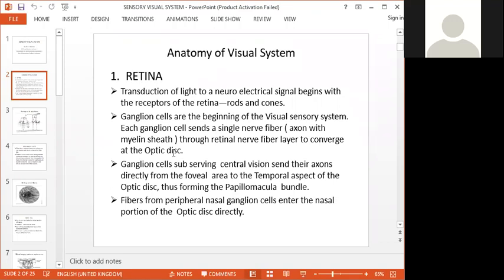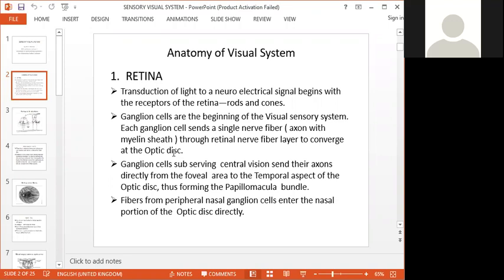You can see all that pathway before the retina can appreciate that there is something coming in. At the retina, there is what is called transduction of light to a neuroelectrical signal. In other words, that light which gets there is changed into a neuroelectrical signal, which begins with the photoreceptors in the retina.